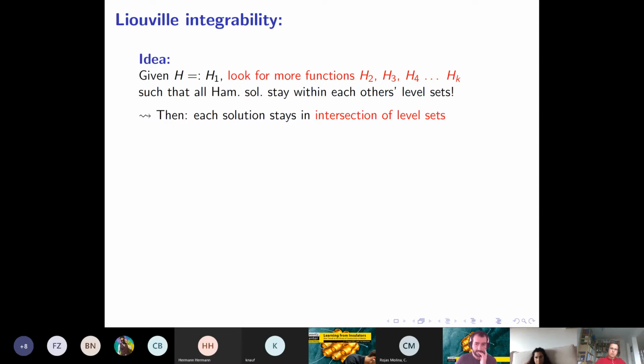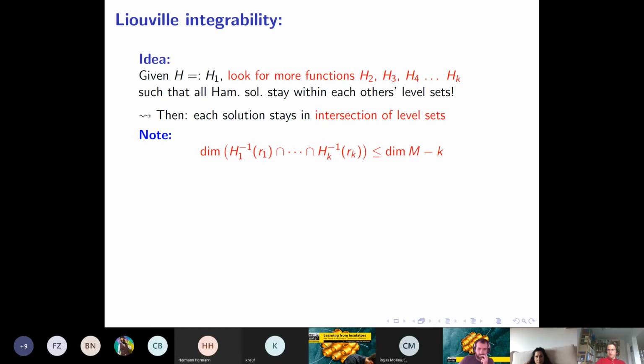And so for Liouville integrability, you have a function, and then you look for more functions such that you have this kind of energy conservation with respect to each other. So you want that the solution of the one thing also do not just stay, which they automatically do, in their own level sets, but also in the level sets of the others.